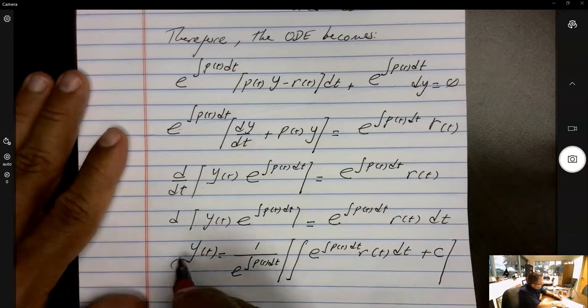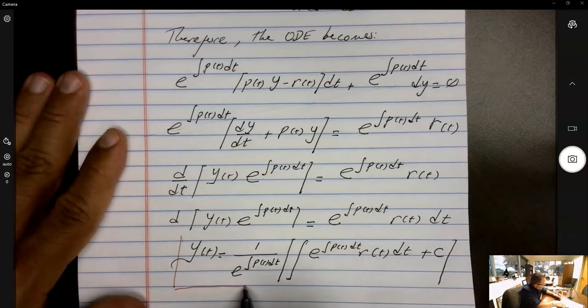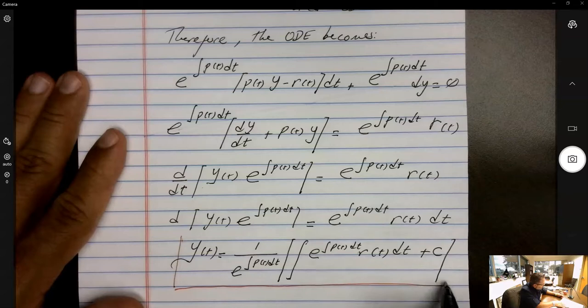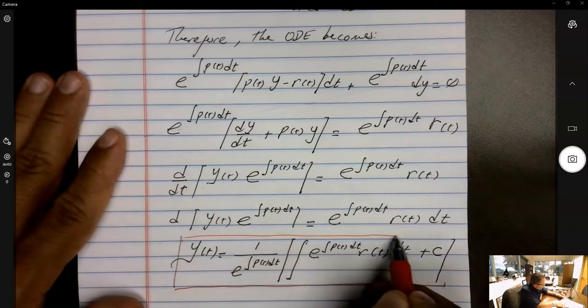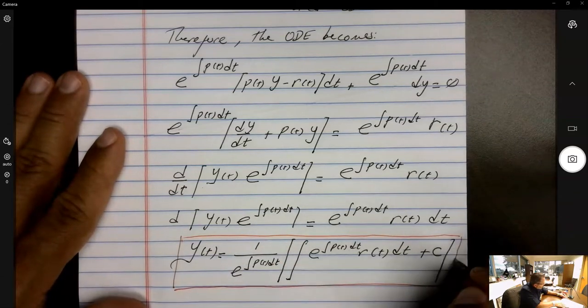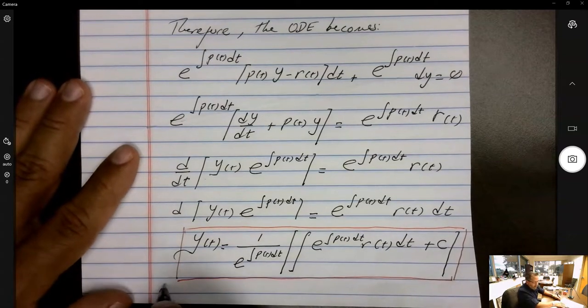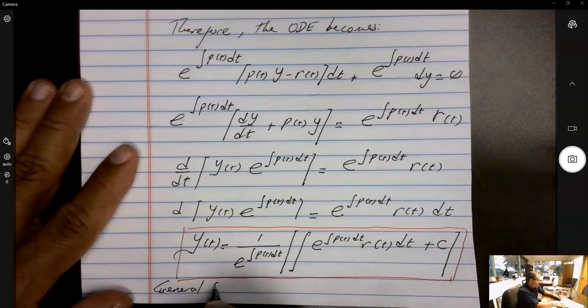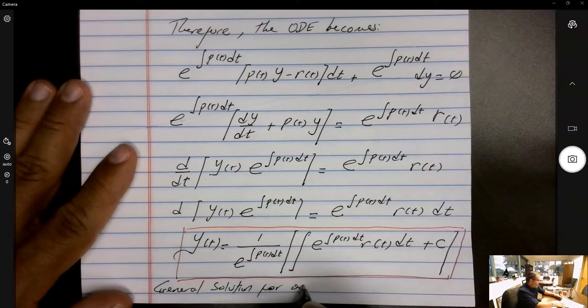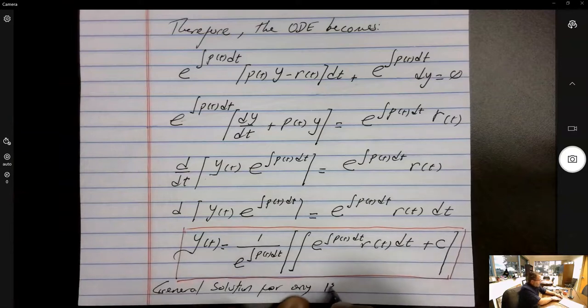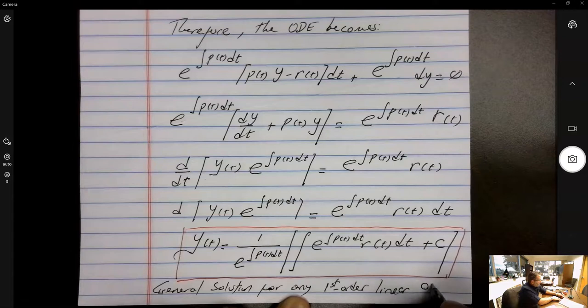And this right here is the general solution for any first order linear differential equation, ordinary differential equation.